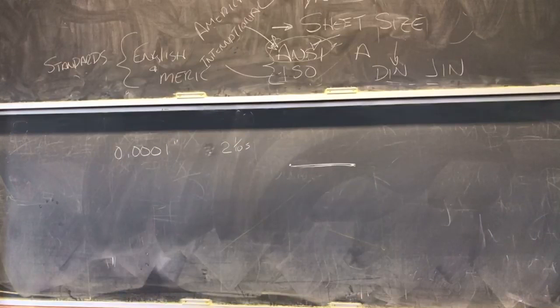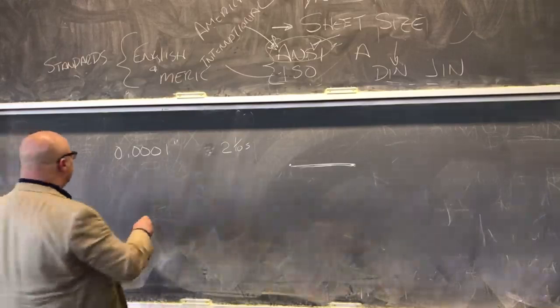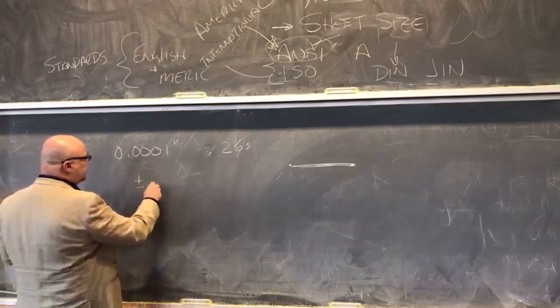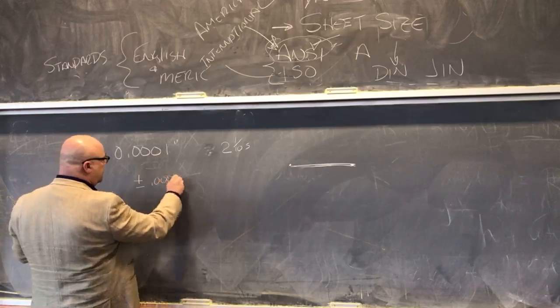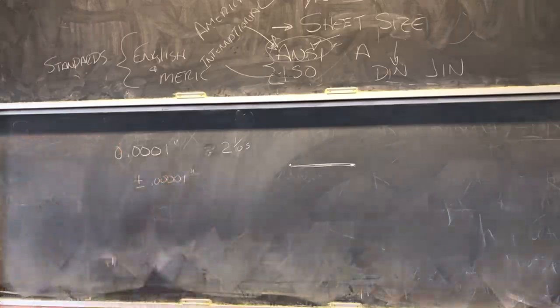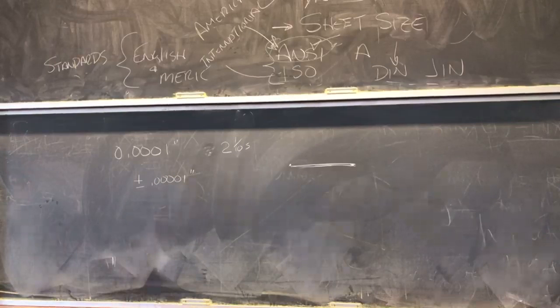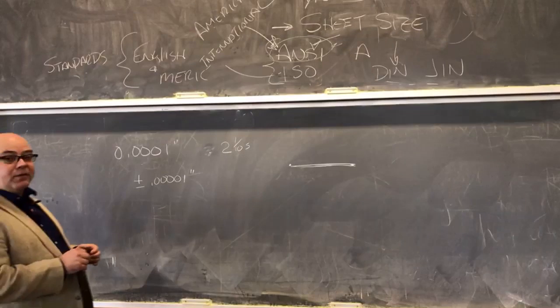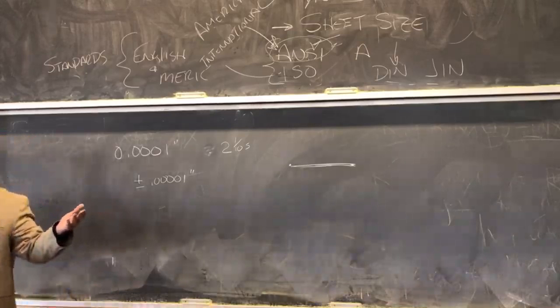So if you had a drawing with a tolerance that said you need to be within plus or minus 0.00001 inches, could you make the parts on that machine? You could try, right? You could try, and some of them would probably be good parts.